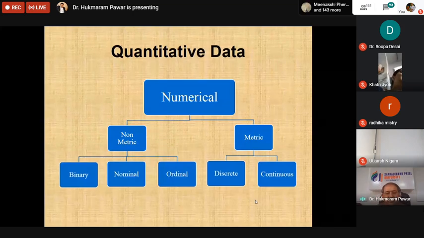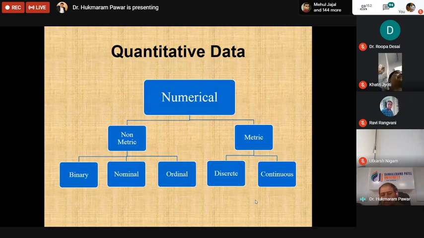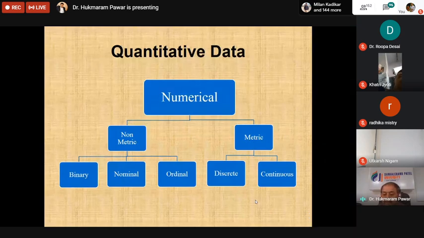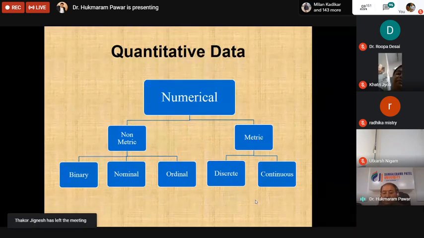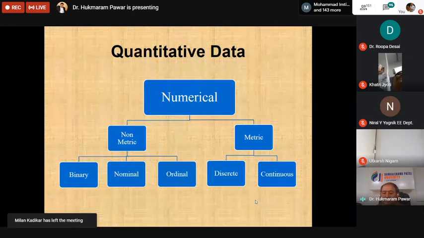The number of accidents that occurred on a particular highway: the answer is always a fixed, whole number. It cannot hold decimal numbers. That type of data is called discrete data. And continuous data means data which holds all the numbers in a specific span. All numbers can be used, and continuous data is used for the purpose of measurement.